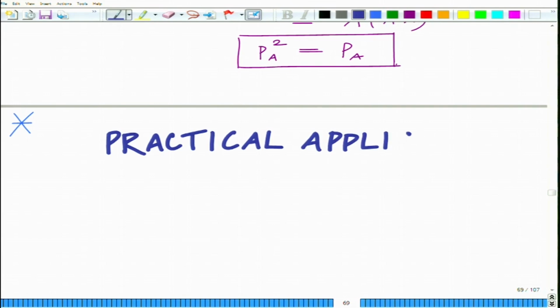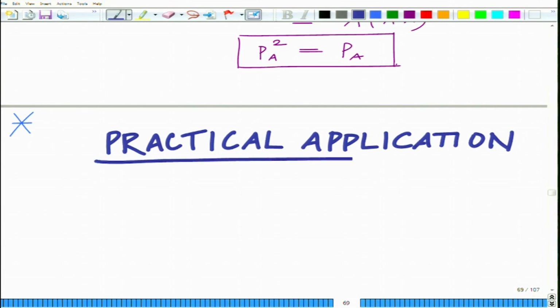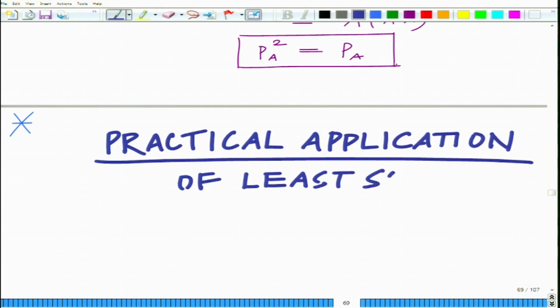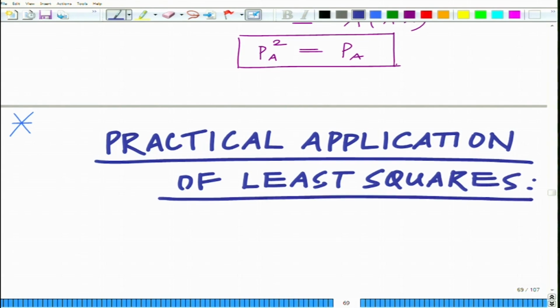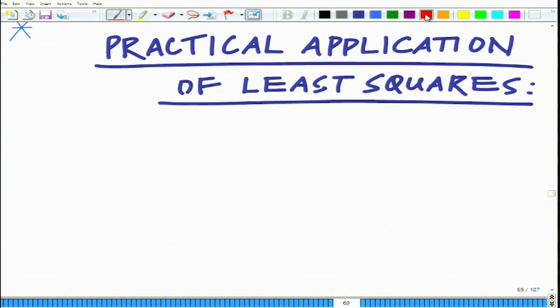So, we have the practical application of least squares, and what we want to do in this is, well, let us consider the first problem related to wireless communication.